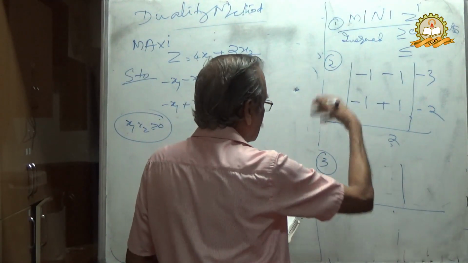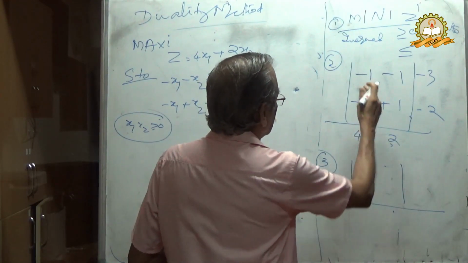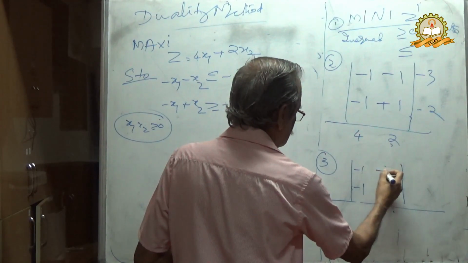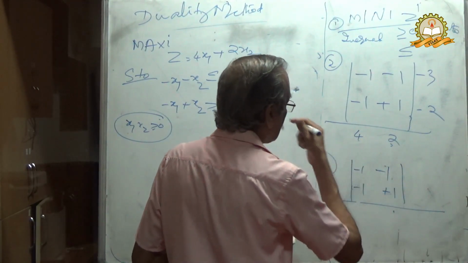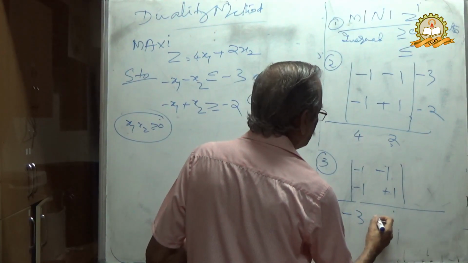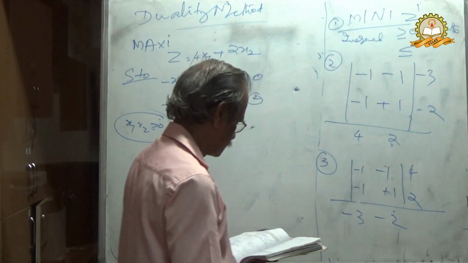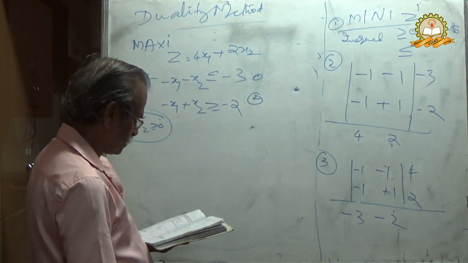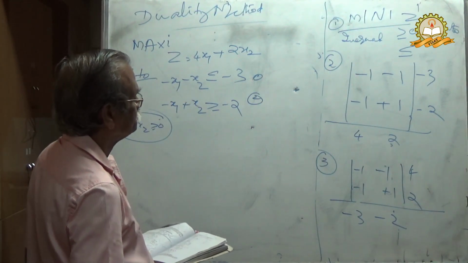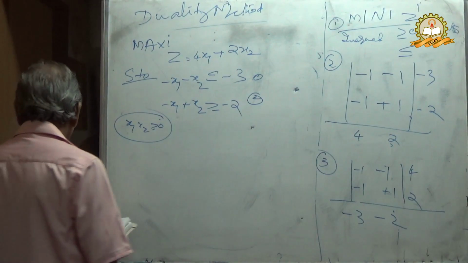And transposing, or normally we say interchanging, row changes into column. 3 minus 2 changes into 3 minus 2. This goes to 4, 2. Therefore, you can write duality will be as follows.